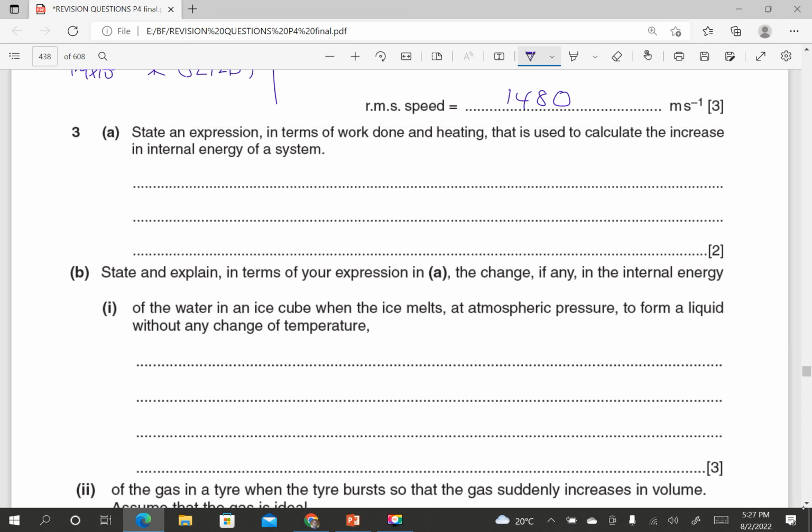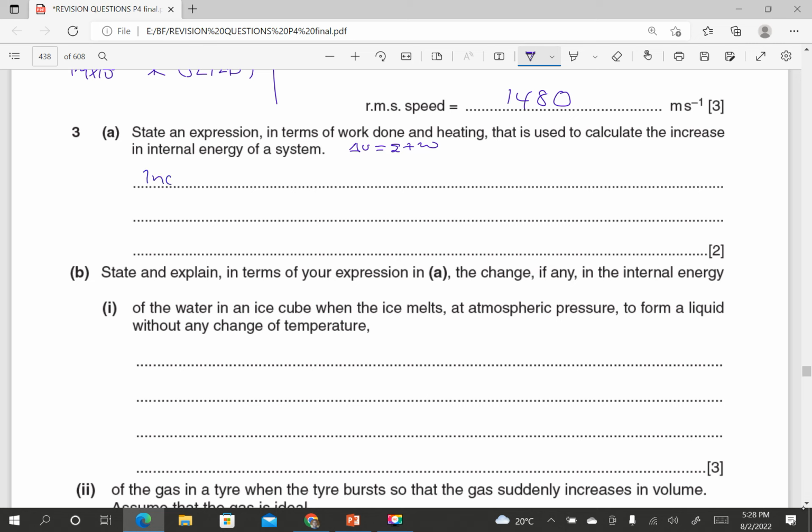State an expression in terms of work done and heating that is used to calculate increase in internal energy. So we know increase in internal energy is equal to Q plus work done, but I can't write that because that can't give me 2 marks. They said state an expression in terms of work done and heating that is used to calculate the increase in internal energy of a system. So I will choose one side of the sign convention.